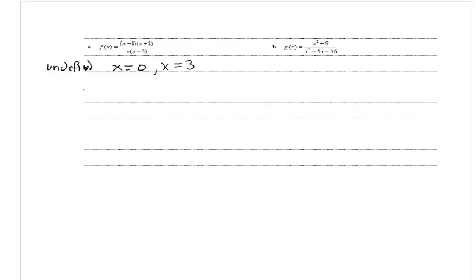So now we want to use a number line to draw this. We're going to draw a straight line, and then we know that we're not going to include 0 and 3. So I'm going to have an open circle at 0 and an open circle at 3. And then I'm going to highlight all the other spots.